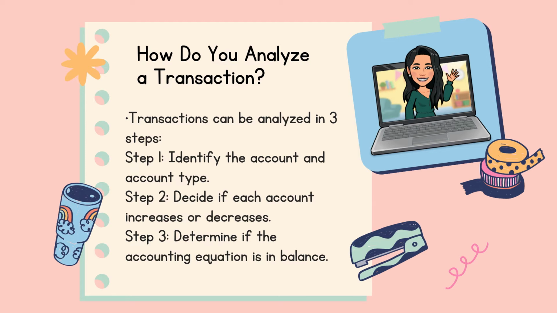Step 2, decide if each account increases or decreases. Step 3, determine if the accounting equation is in balance. So you need to keep your assets equal to liabilities plus equity all the time, before and after each transaction.